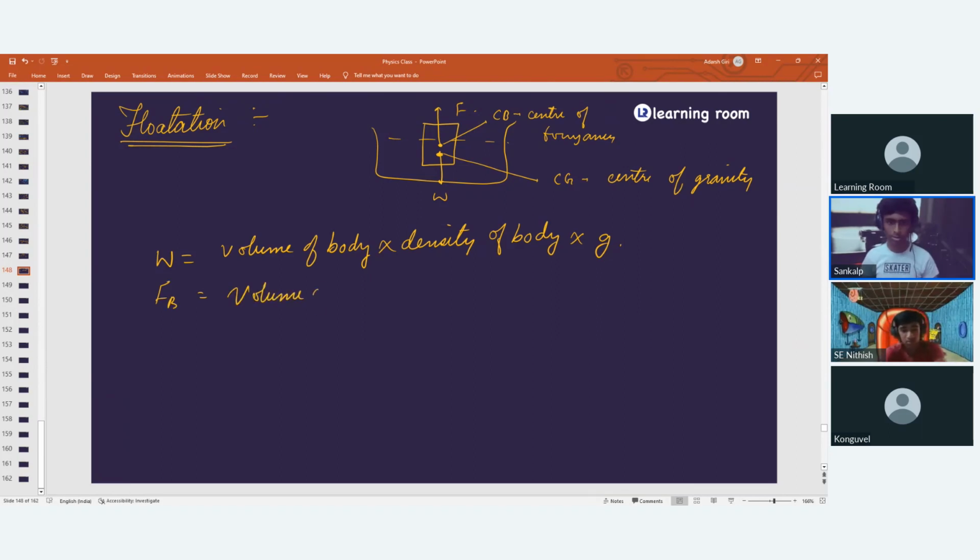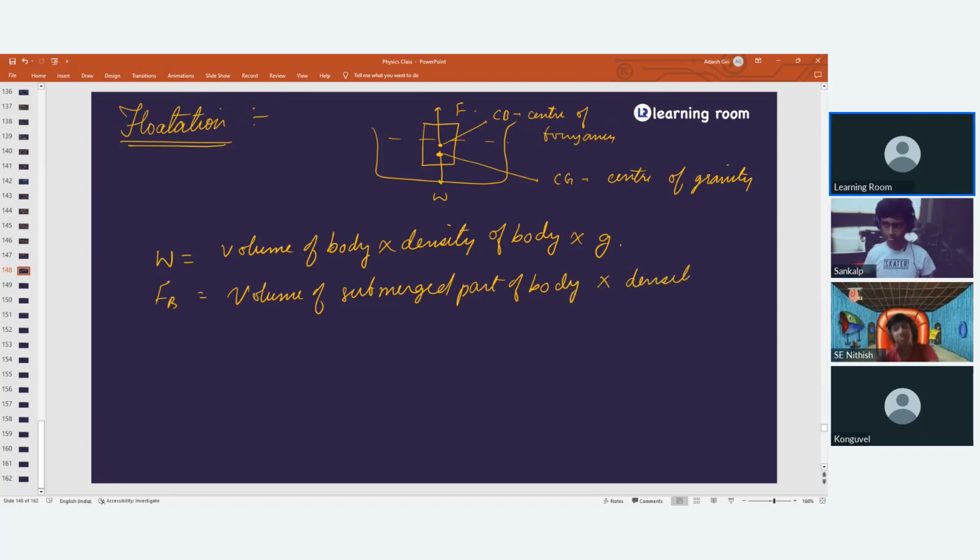Volume of submerged part of body into density of the liquid displaced into g. So for volume of the submerged part of the body, we are taking the volume of that particular body, and we are taking the density of liquid.